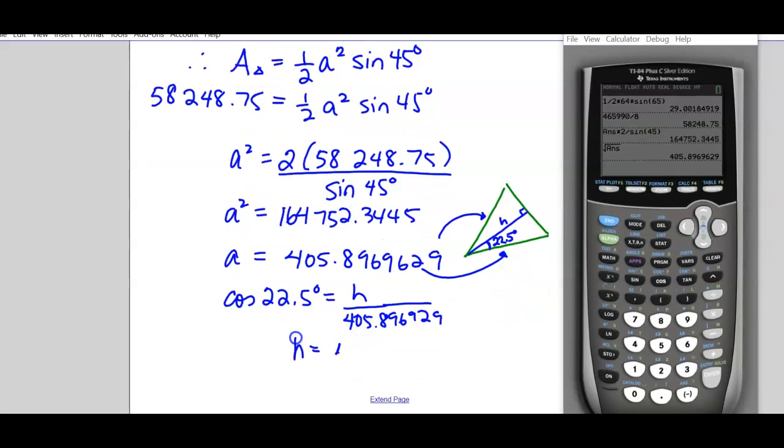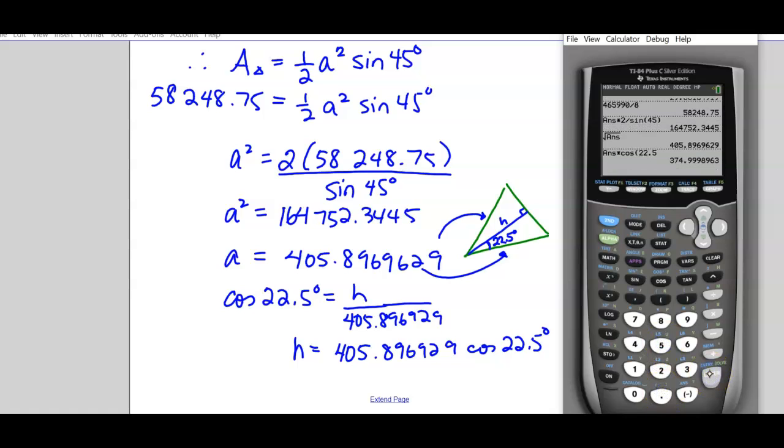So again, you could go straight to this step. And that's already in your calculator. So you just take that, multiply by cos of 22.5.